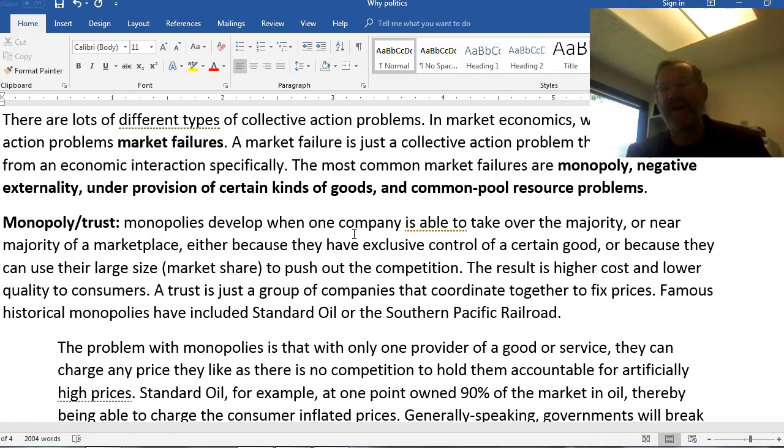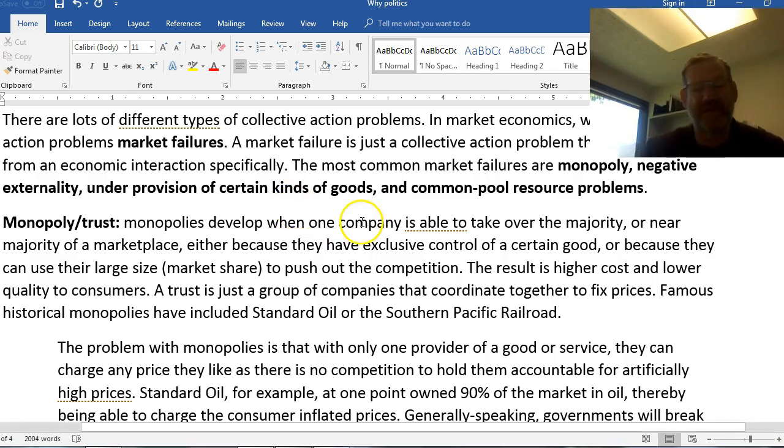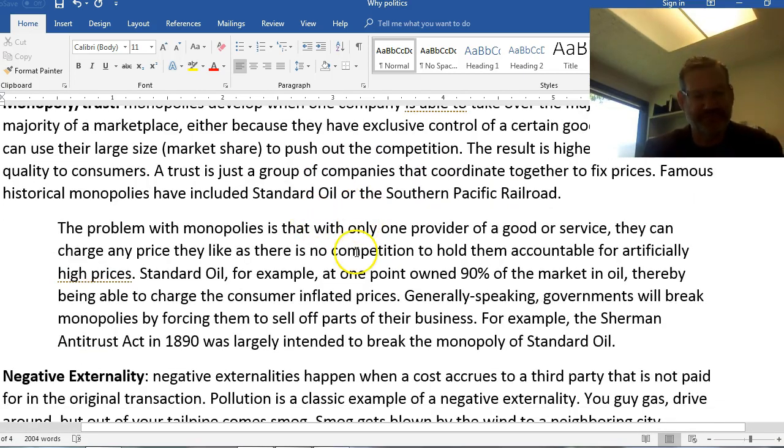Okay? They can provide bad service. They can overcharge for their service, right? A monopoly market failure is a breakdown of normal mechanisms of capitalist competition, and some kind of regulation is frequently suggested as the solution. Standard Oil, for example, at one point literally controlled 90% of the oil market in the United States.